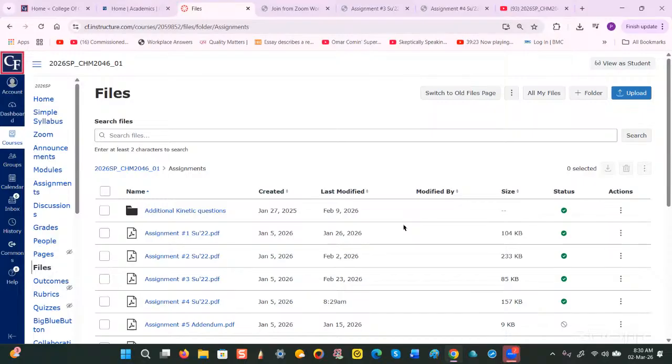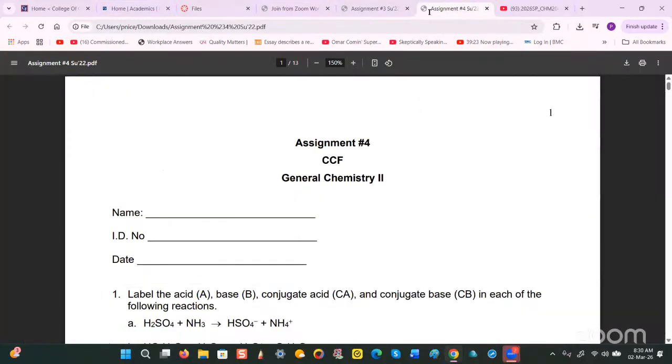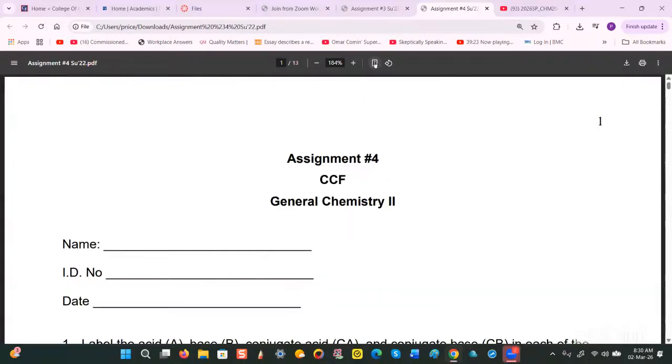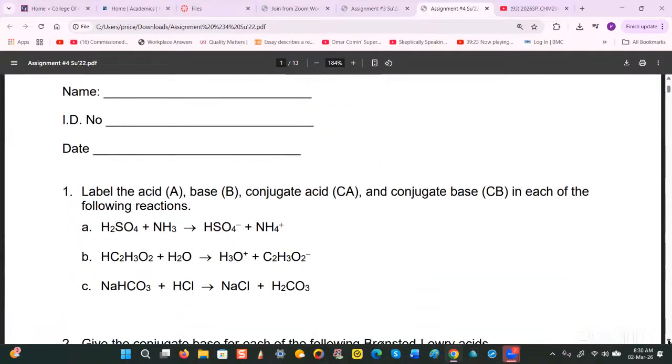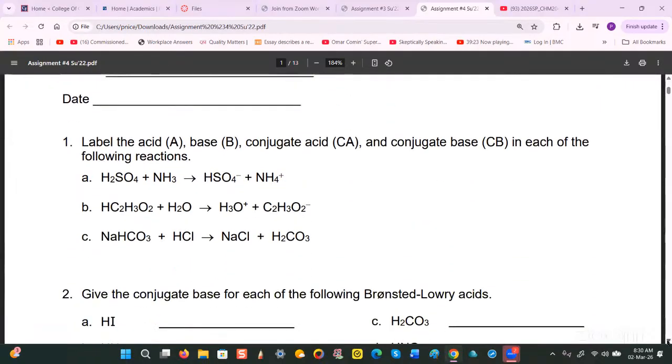So the first thing we're going to talk about is in the first question. Let me make this full screen. Okay, so the first question is testing your understanding of the terms acid, base, conjugate acid, and conjugate base. So basically, one definition of an acid that is most widely used, I would say, is that an acid is a substance which loses hydrogen ions to a base, right?